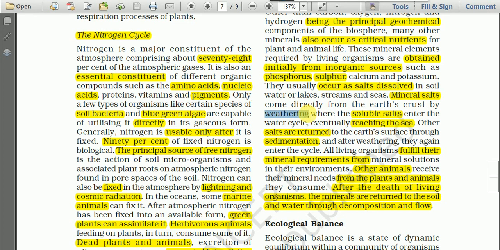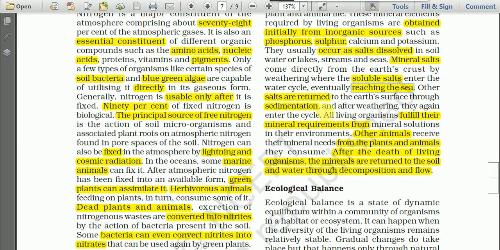Means these are also found in the rocks. And by the weathering process, after breaking down the rocks, we get these mineral salts. And some of the soluble salts also enter. See, the salt found in the rock will be dissolved by the rainwater, and this will be carried down by the rivers, and eventually this salt will reach the sea.